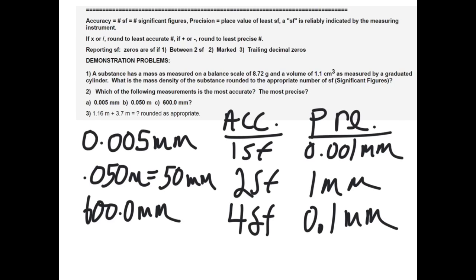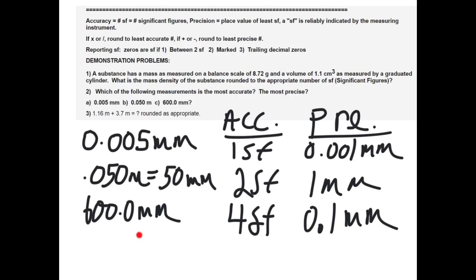Now to answer the question, which of these following measurements is the most accurate and which is the most precise? We see that the most accurate measurement is the 600.0 millimeters at 4 significant figures, greater than 2, greater than 1. However, 600.0 millimeters has a precision of only 0.1 millimeters.